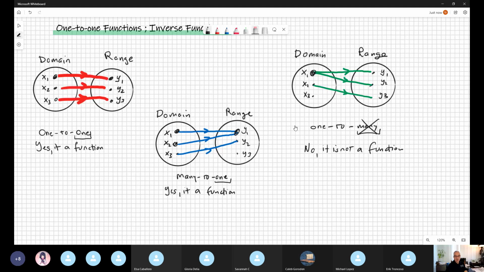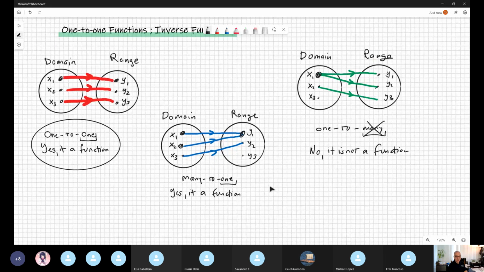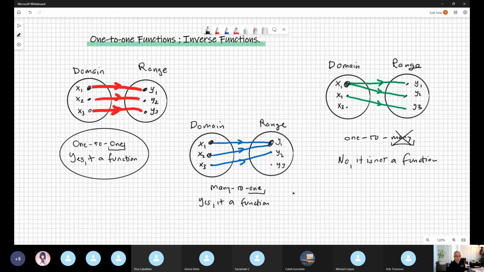The thing I want to take advantage of at this moment is that we focus on one-to-one. Why is one-to-one important? Because one-to-one is reversible. Look, for example, you change the direction of the arrow. This is the function f. In the opposite direction would be the inverse function.